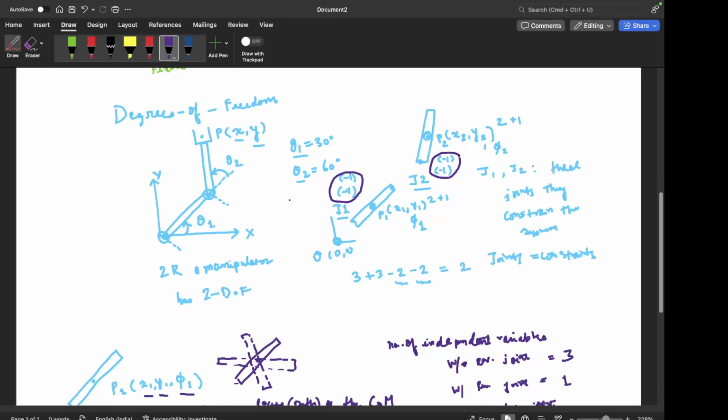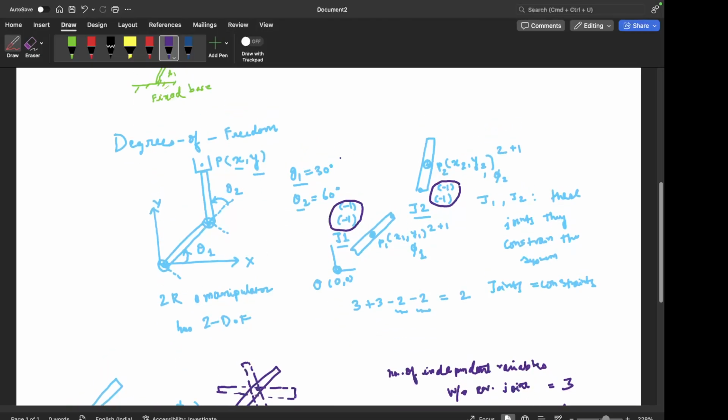These are the two degrees of freedom of the system. And once you specify these 2 degrees of freedom, the system's configuration is fully defined and known.